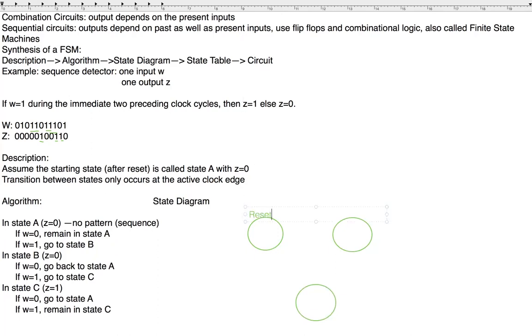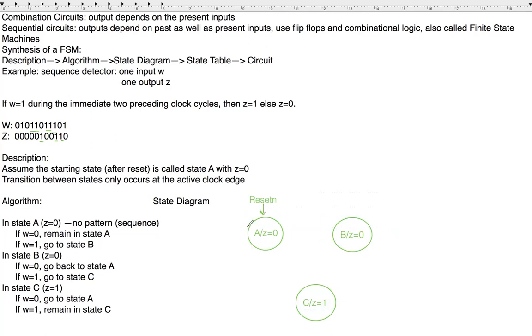So here, reset N, and that's going to go into state A here. And A is where Z is equal to 0. Here's where B is, and B is where Z is equal to 0. And then C is going to be where Z is equal to 1. Okay, so I just copied that over from our algorithm. And so at the reset N, when you press reset, it starts at state A.